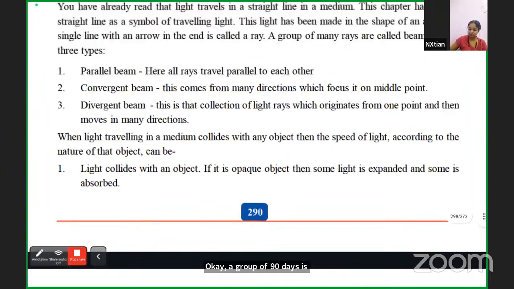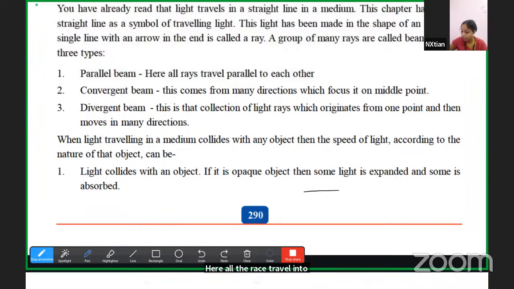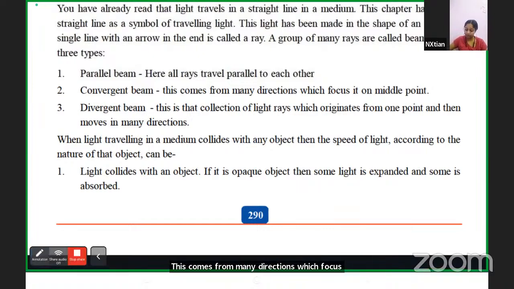First, we have parallel beam. Here, all rays travel parallel to each other. This is how a parallel beam looks. Convergent beam comes from many directions, which focus on the middle point.